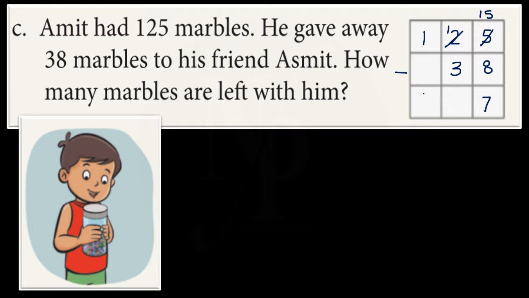So in the hundreds place we have 1 hundred here. So we make this 0. That means we are borrowing this 100 to the tens column. And 100 is 10 tens. 10 tens and 1 ten together becomes 11 tens. So I write 11 here, which is 11 tens. Now we subtract 3 tens from 11 tens and we get 8 tens as difference.